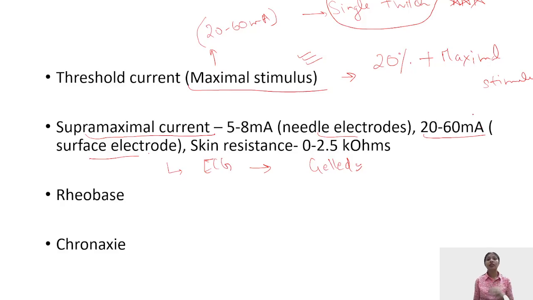The skin resistance is also very important when we are doing neuromuscular monitoring, because the more the skin resistance, the more difficult it will be for the current to pass. So the nominal skin resistance that we have to maintain is 0.2 to 5 kilo ohms. To maintain that, I'll tell you a trick.